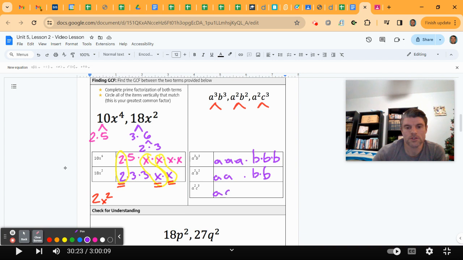For this one, there's 2 A's and 3 C's. Okay, so what do they have in common? They have an A in common. They all have to have this in common. So looks like there's not going to be a B in our answer, and there's not going to be a C. So our answer is just going to be A to the second power. All right, if you need this, hit pause.